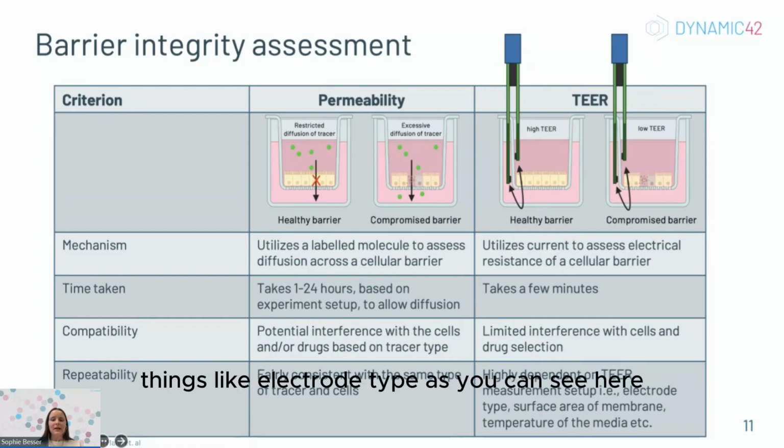Things like electrode type, as you can see here, the chopstick electrodes, the membrane area, or media temperature can all influence the outcome. So both methods have their strengths and limitations, and they are often used together to get a fuller picture of barrier function.